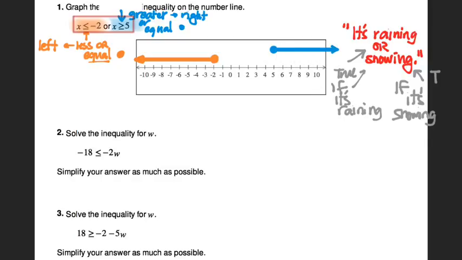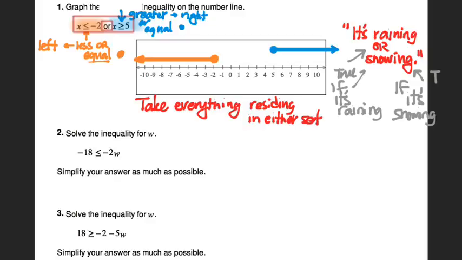And again, we're going to get a much bigger taste of this later on. When we OR these two inequalities together, we're just going to take everything that resides in either set. And so the orange piece, the x's that are less than or equal to -2, becomes a part of my answer.